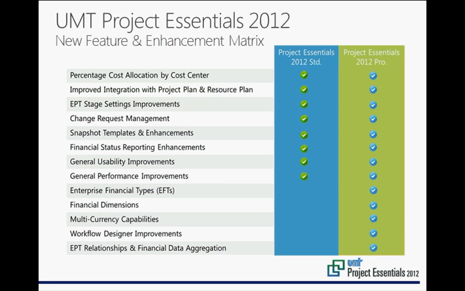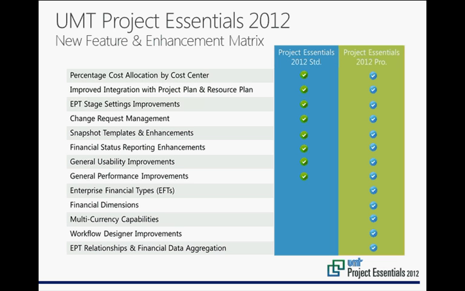A feature that is truly powerful is the ability to map relationships and aggregate financial data between different enterprise project types. So the system keeps an auditable record of the different entities that are added from each EPT. Enterprise project types are obviously templates for work that you have, or different projects that you have in Project Server.